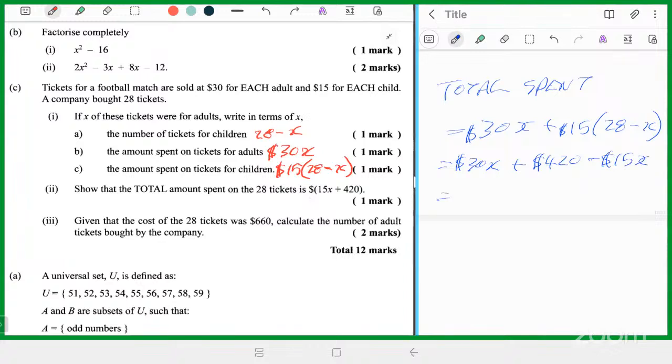This works out to 30 minus 15, which is 15. So you get 15x dollars plus this $420. And if you factorize the dollar sign, you get 15x plus 420, shown. That's what they told us to show right here.